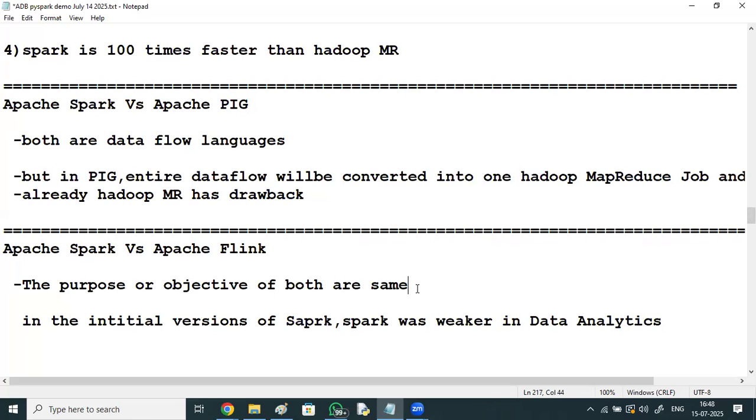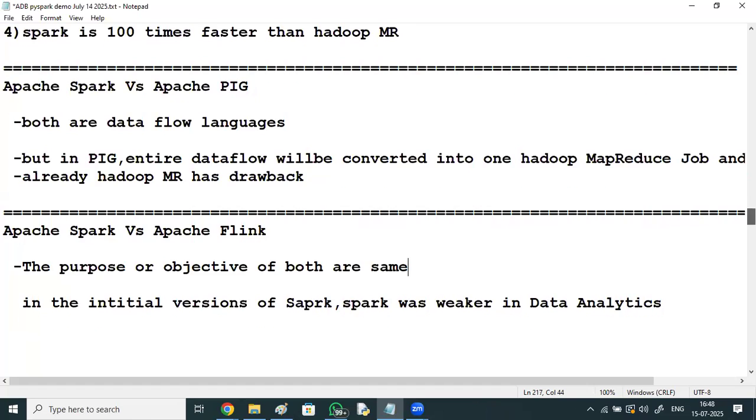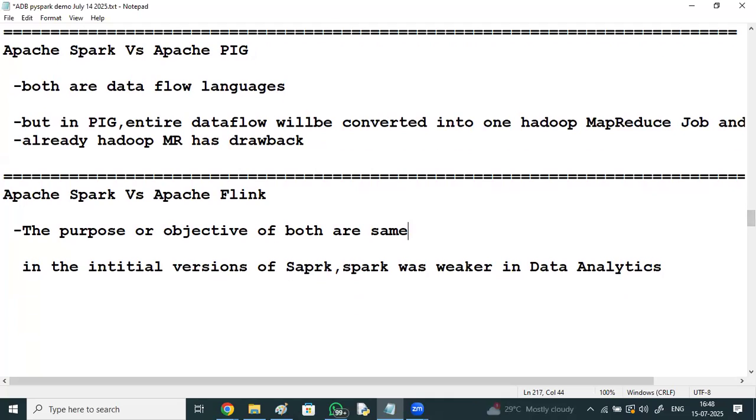The heart of data analytics is machine learning, so it was weaker in the case of analytics.